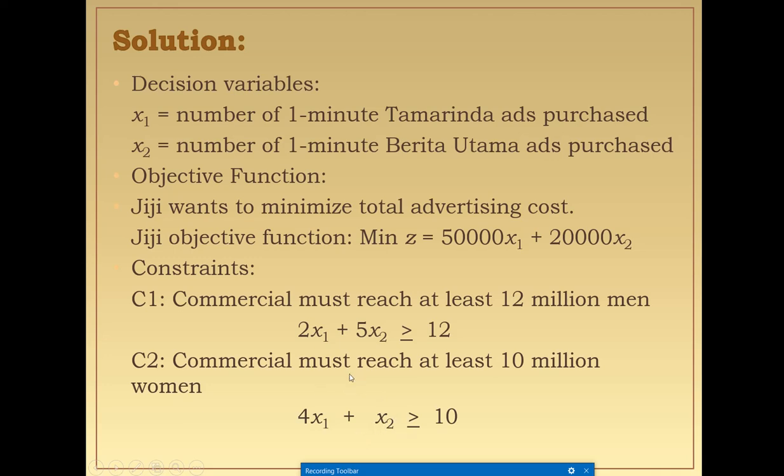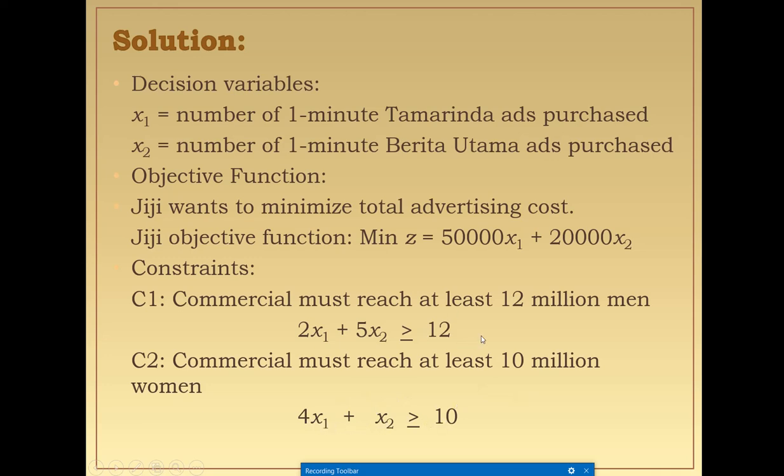So the target at least 10 million women watch the advertisement. Okay, at least sekurang-kurangnya. So kita dapat 4 million x1 plus 1 million x2 greater than or equals to 10 million. So we cancel out all million. So kita akan dapat 4x1 plus x2 greater than or equals to 10.